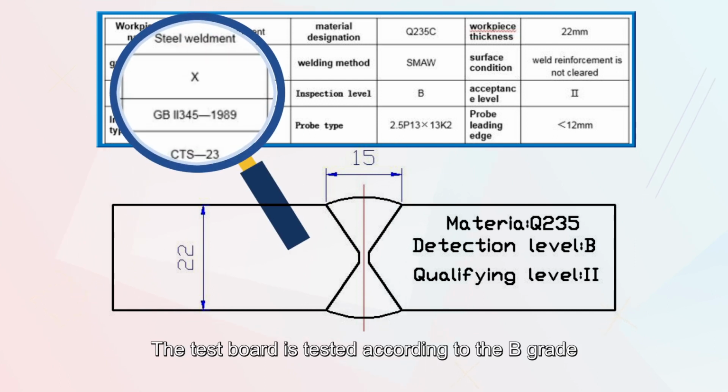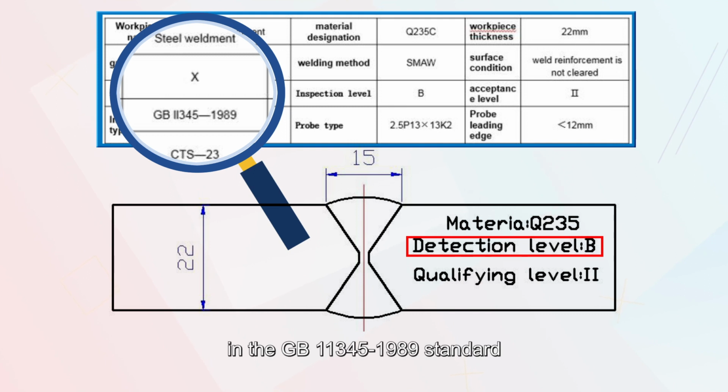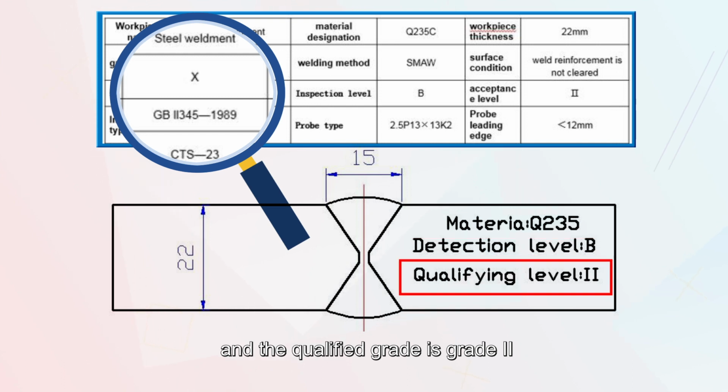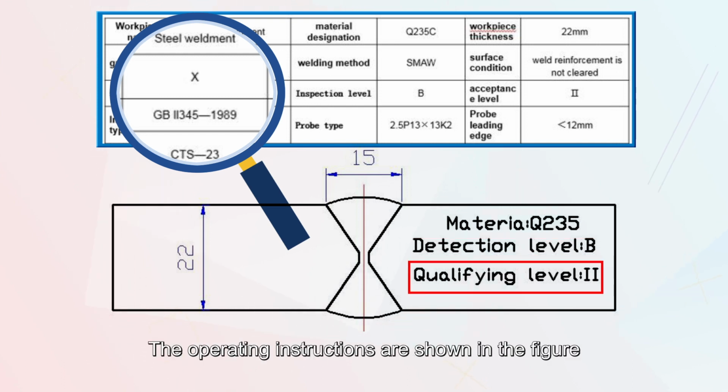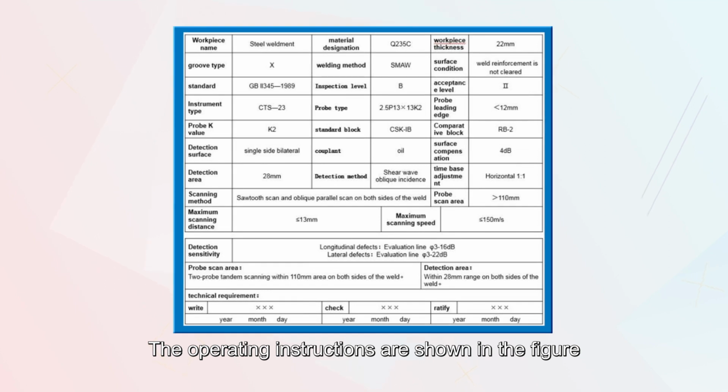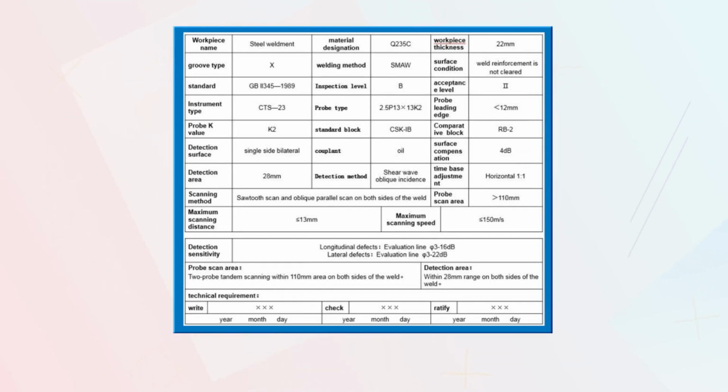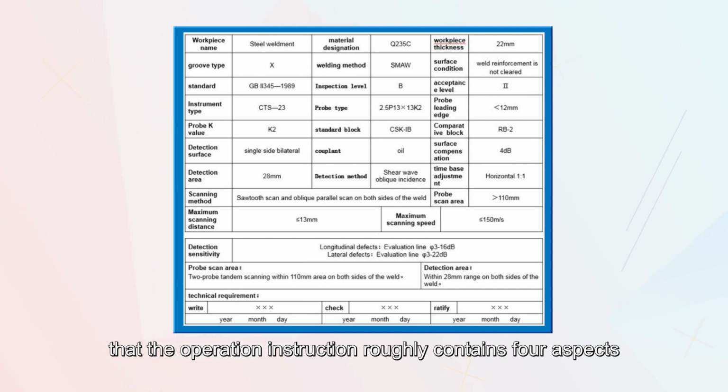The test board is tested according to the B grade in the GB 11345-1989 standard, and the qualified grade is grade 2. The operating instructions are shown in the figure. It can be seen from the table that the operation instruction roughly constrains 4 aspects.